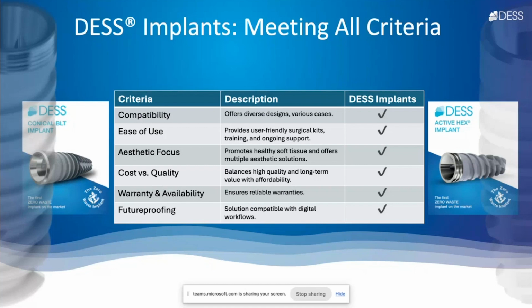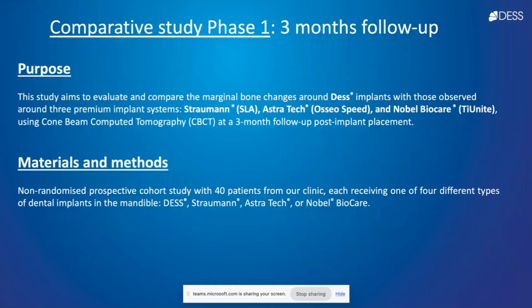Cost: we can see the tests mimic the same surface treatment as Straumann at less cost. Warranty: this dental implant gives us a warranty. And regarding our future dentistry, we know the digital library fulfills all criteria. That's why we can say it meets all the criteria for selection of dental implants.